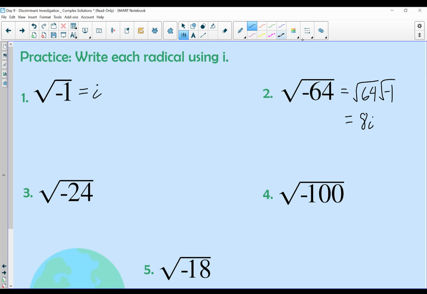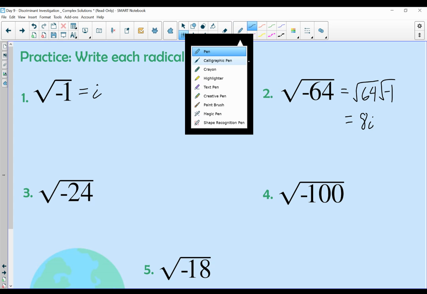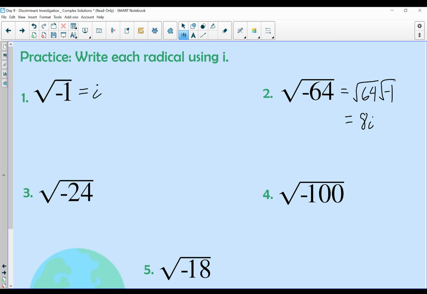You don't have to do this step here, especially if it's a perfect square and you know what the perfect square of 64 is, or of 100 is, or whatever, then you just can do it straight out. So that's how I'm going to do the next one.